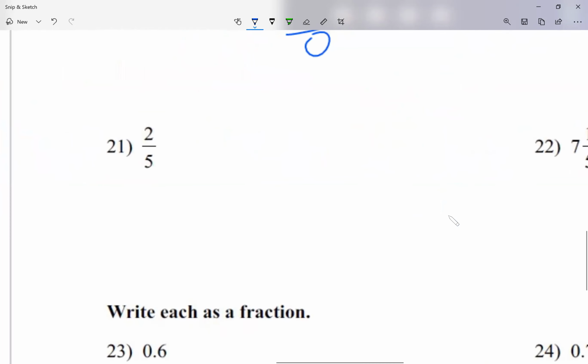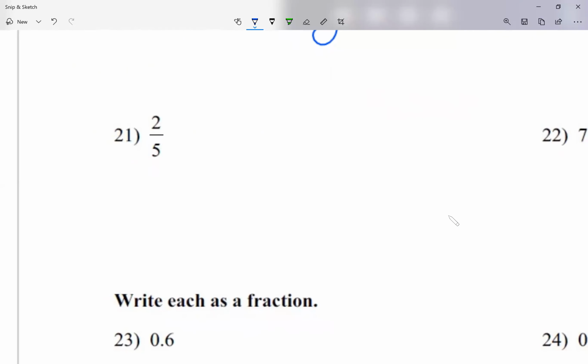Let's take a look at number 21. Another way we learned how to do this was using the denominator. Use the bottom part of the fraction. Now, one way, I can easily make this into a decimal first. I can make the bottom 10, right? So that gives me 4/10. But I would like to use this as a whole fraction already.